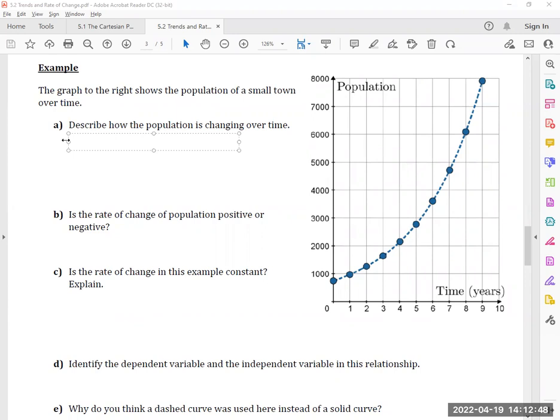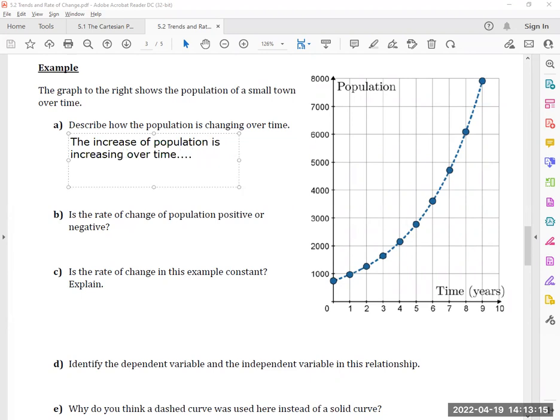Yes, we are going to talk about exponential graphs. We learned about exponents. How does that apply here? Let's dumb it down a little bit. Can you describe it without using the word exponential? The increase of population is increasing over time.